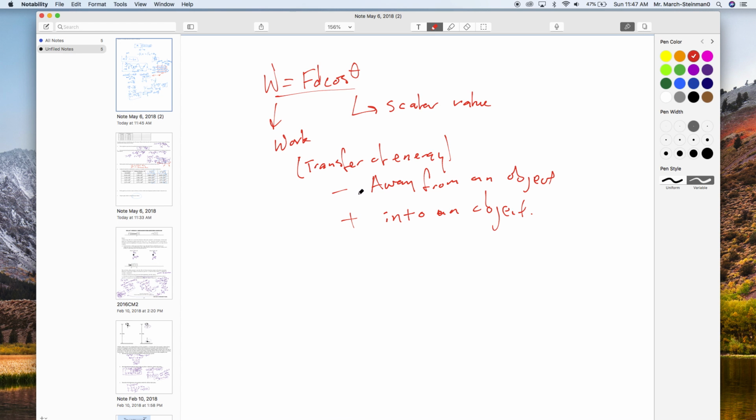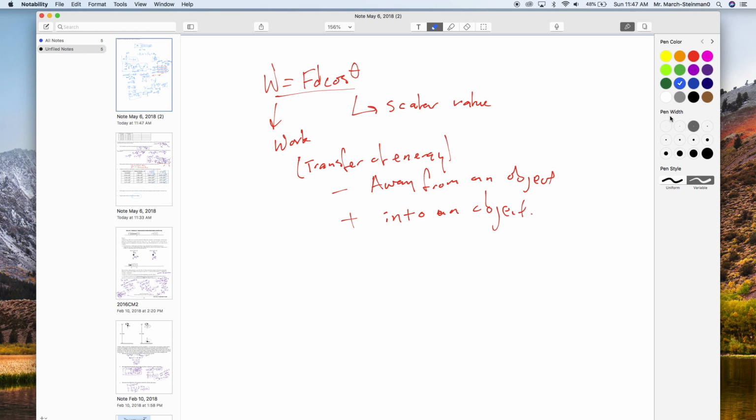So in general, this is the idea of work. Negative work means we're taking energy away from an object, and positive work means we're putting energy into an object, or we're transferring energy into an object, or transferring energy away from an object. And so that has significance in a lot of problems that we're going to talk about.